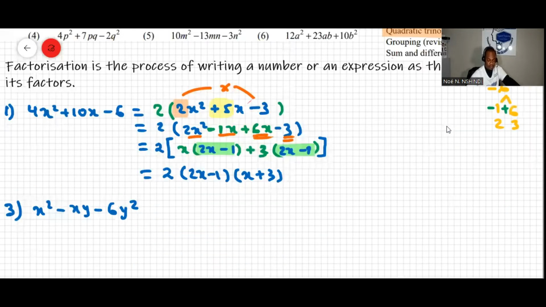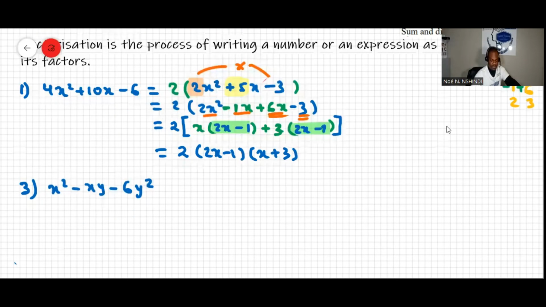Over here, because there's no coefficient, I can just say x in the bracket, and x in the bracket there. Then I consider the last term, which is negative 6y squared. The factors of 6 are 1 and 6, and 2 and 3.